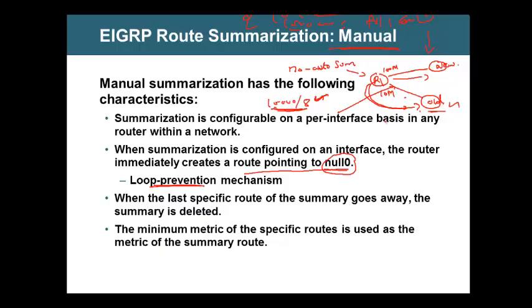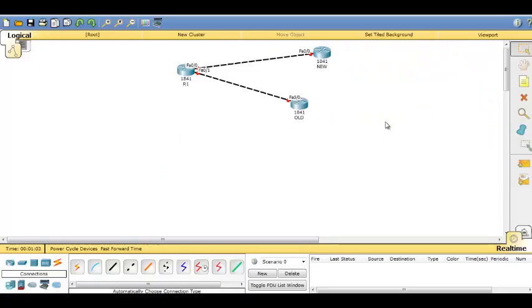I'm going to quickly show you this. Router 1 is going to have some subnets. We are just simulating some subnets by using loopback interfaces.